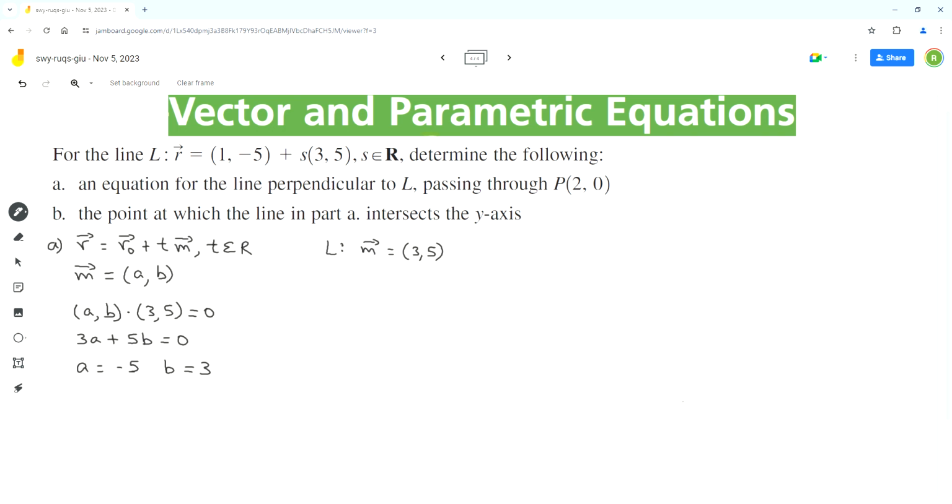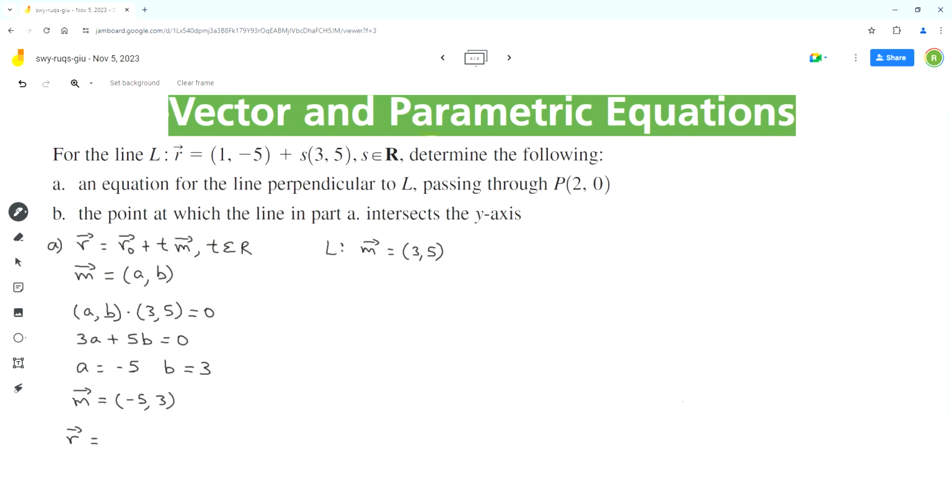For this case, I changed the sign on 5. We could have also done it for 3. Therefore, the direction vector for the line in part A is (-5, 3).